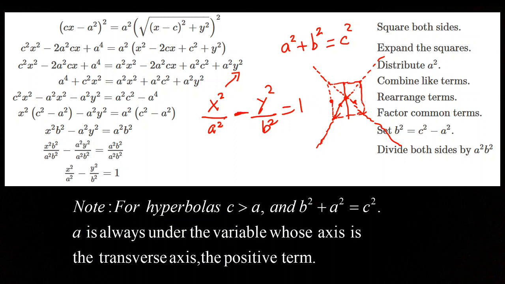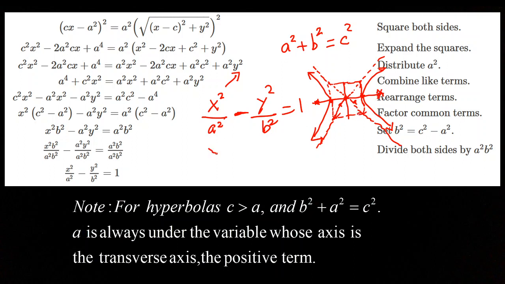This is the vertex, right? Draw this back. So it's going to look like that. So if we know a and b and we know it's horizontal, we can easily graph it, right? That's it. And the focus, of course, we can find where the focus is using what? Using this formula. So we can find c and then put the focus here and here, right?